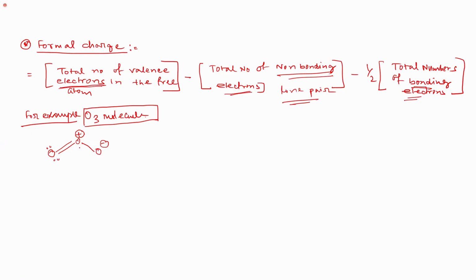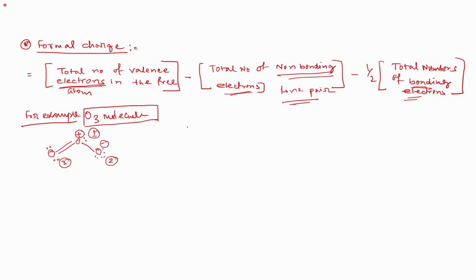The positive charge means there is a deficiency of electrons, and it has two lone pairs. Here, the negative charge has three lone pairs. Let me label this oxygen atom 1, this oxygen atom 2, and this oxygen atom 3. The question is how you will calculate the formal charge for every atom: atom 1, atom 2, and atom 3.